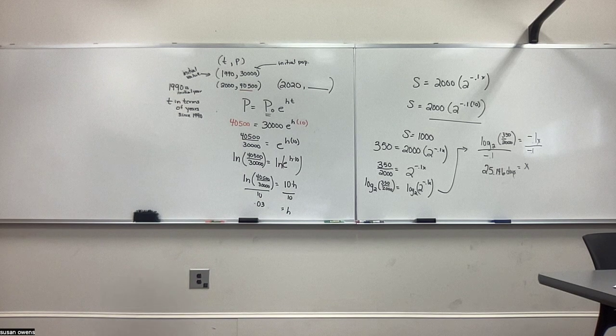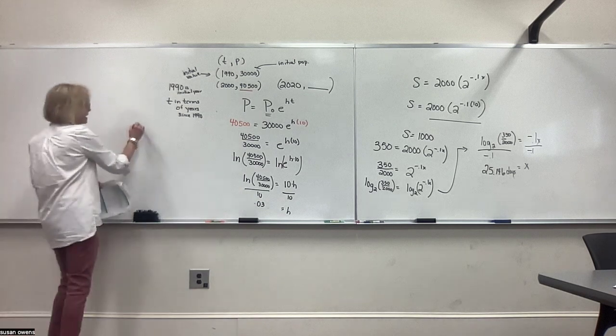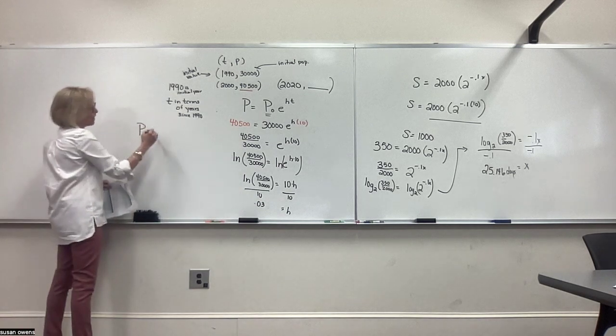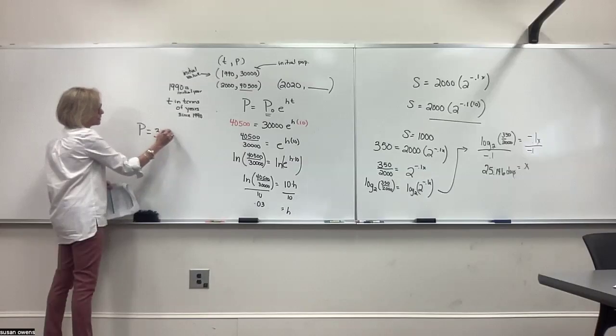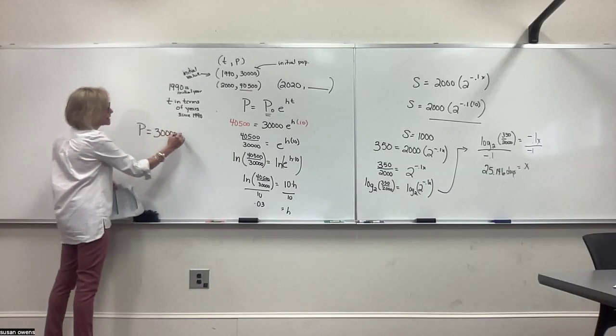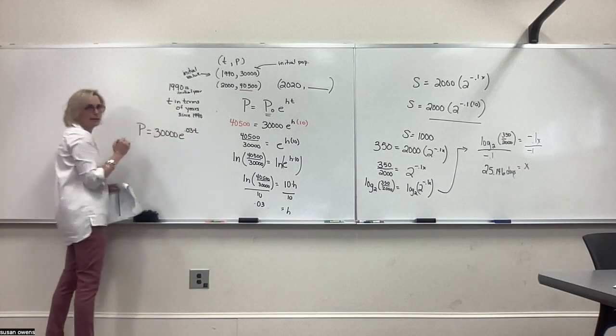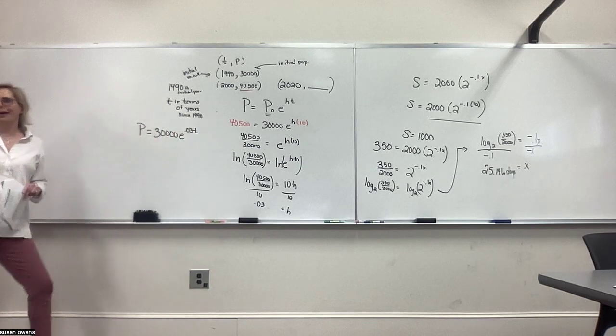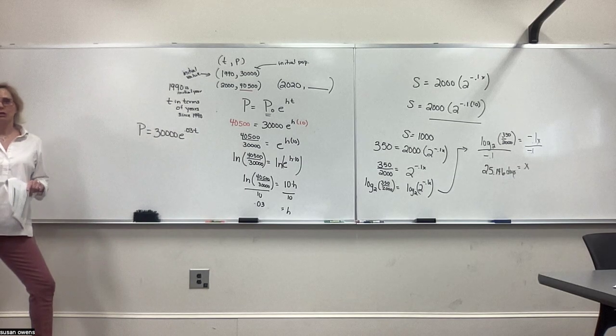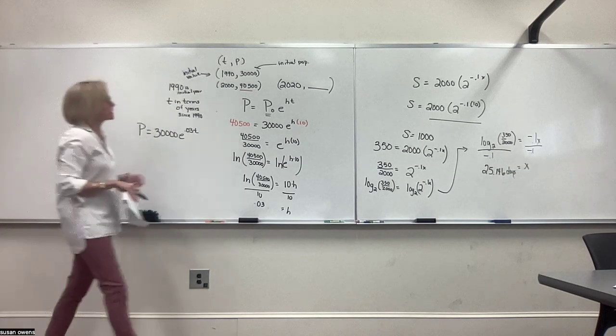Now we have the equation. P is equal to our initial value, 30,000, e to the 0.03 T. Okay, so we did all that just to find h. Now we can answer the question.